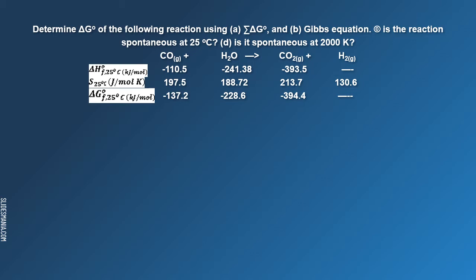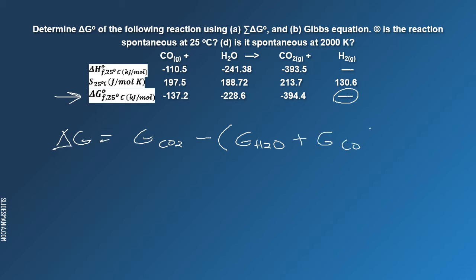First, let's calculate the Gibbs free energy using direct calculations. Delta G is equal to the G of your CO2 plus the G of your H2, but we don't have a G for that, so we just immediately remove it from the equation, minus the G of H2O plus the G of your CO. Negative 394.4 minus negative 228.6 plus negative 137.2.